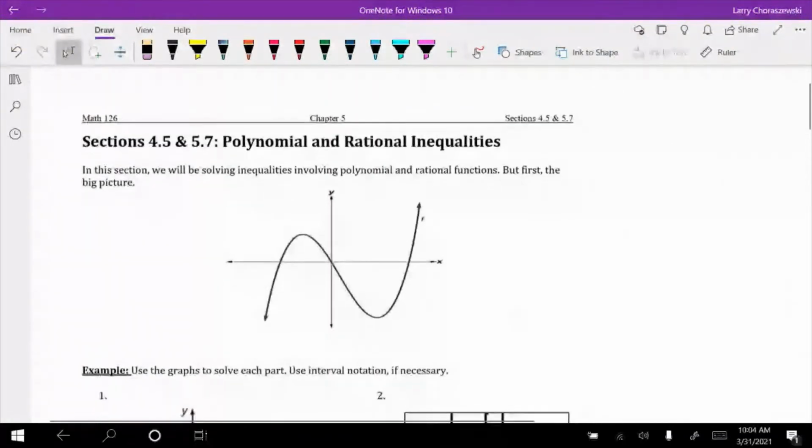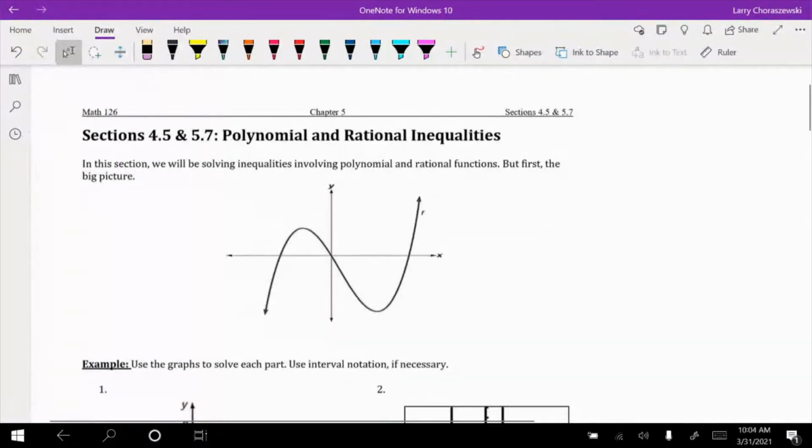Here we go. Our last section of Chapter 5 is going to blend some material from Section 4.5. The reason for that is because this section is on inequalities.